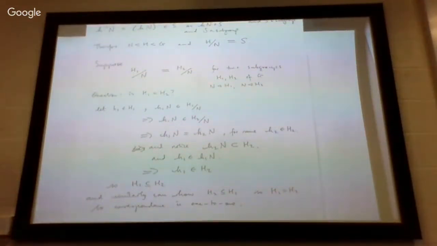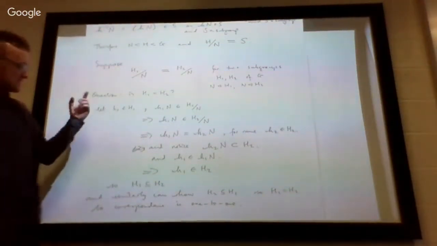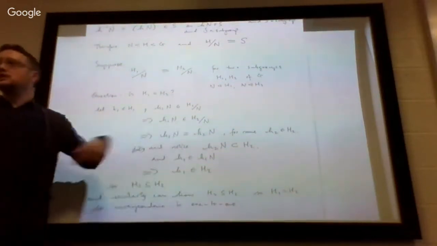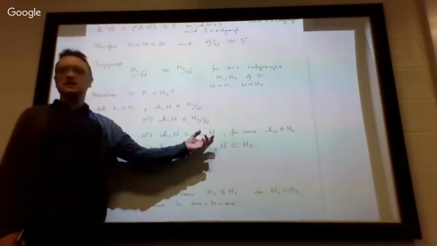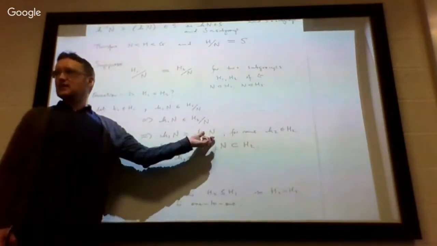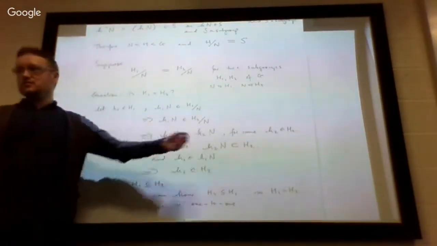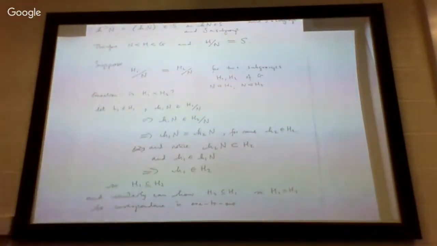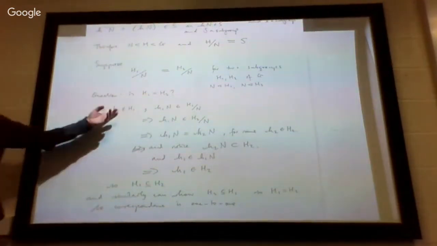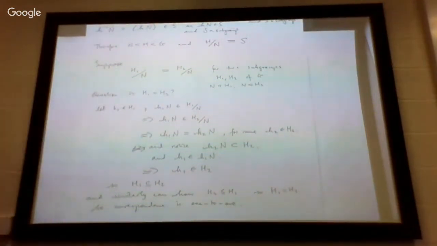It's always tricky because it's not that this h1 is definitely equal to this h2, but it's h2 times something from N, and they're both within capital H2, so the product being in capital H2 shows that original little h1 is in H2. So now we know it's one-to-one.